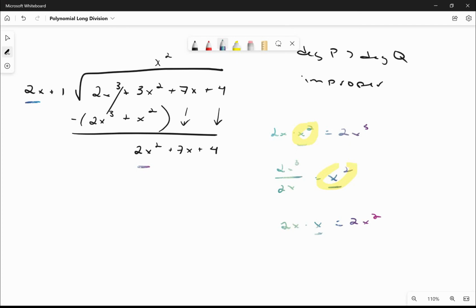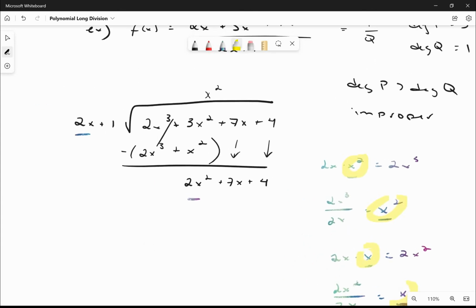The other way to do that is to say 2x squared divided by 2x gives you x. That's supposed to be an x there. And that goes up top, and to be nice and neat, we keep it above the power 1 column.